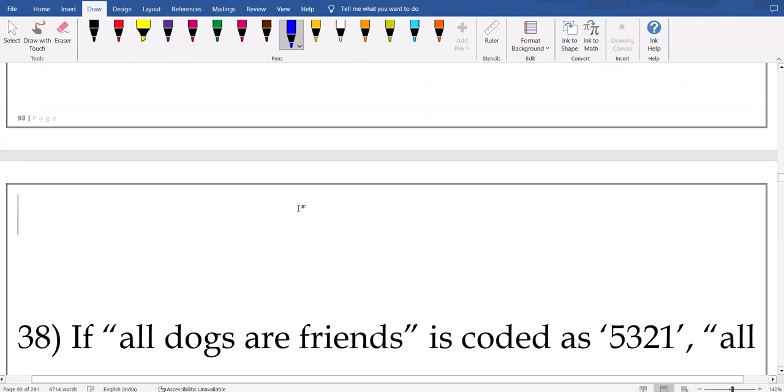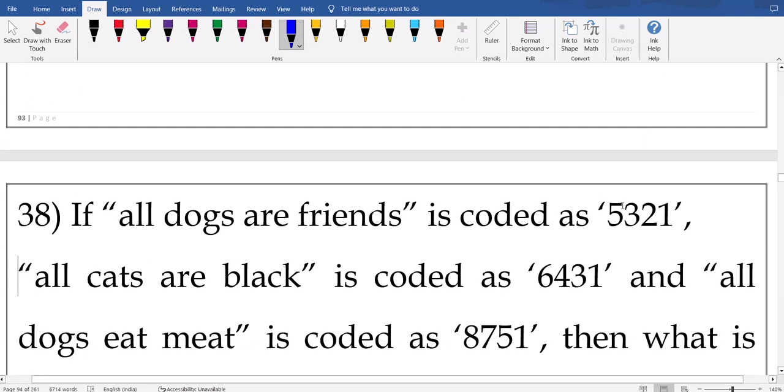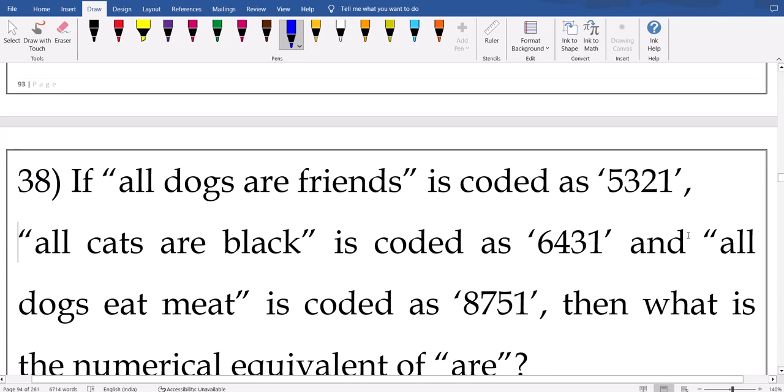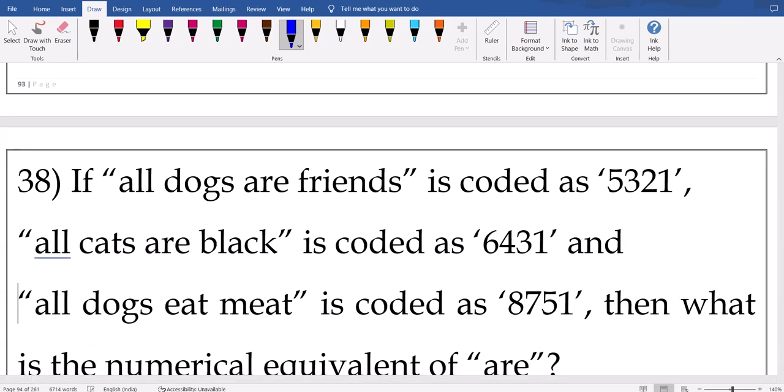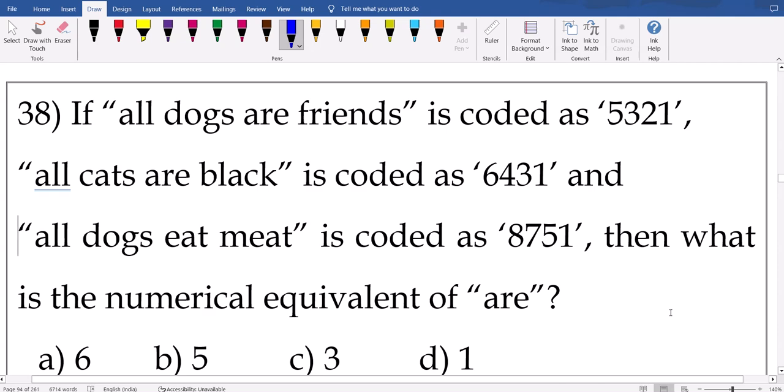Next, 38. So again, similar type of questions. So, all dogs are friends. All cats are black. So this is the syllogism topic. Here they have given what is the code for R, we need to calculate. If you compare first and last, what is common in first and last?